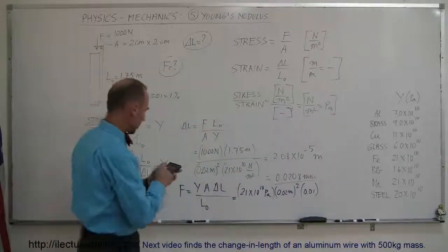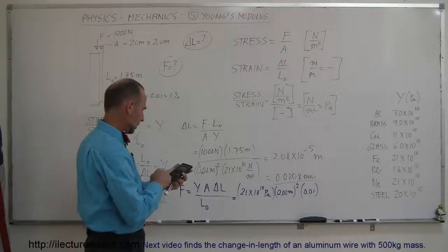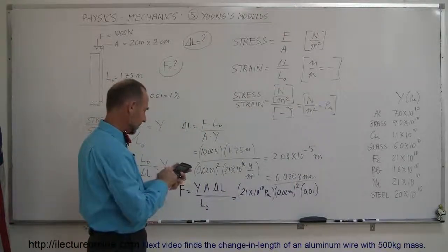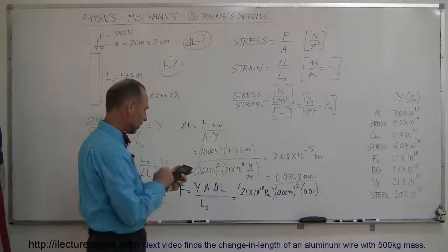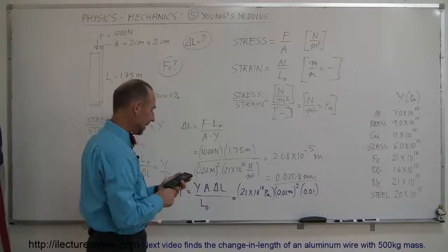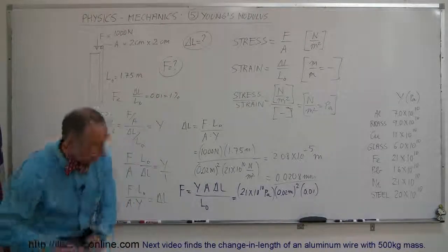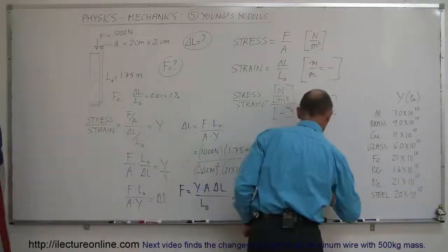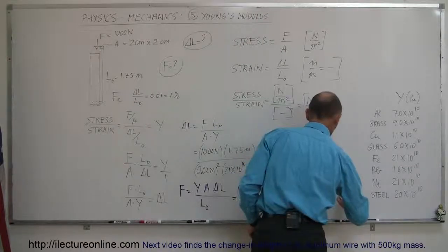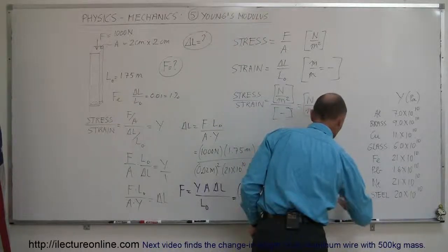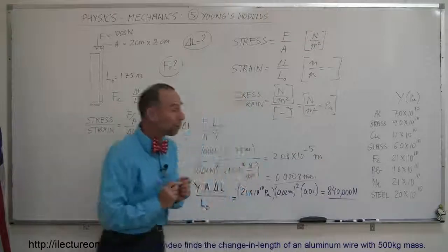So 21 e to the 10th times 0.02 squared times 0.01 equals 840,000 newtons. That would be 840,000 newtons of force in order to compress the beam by 1%.